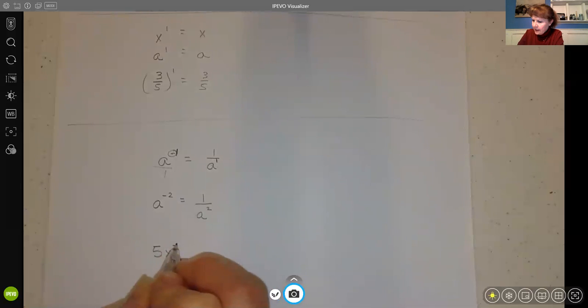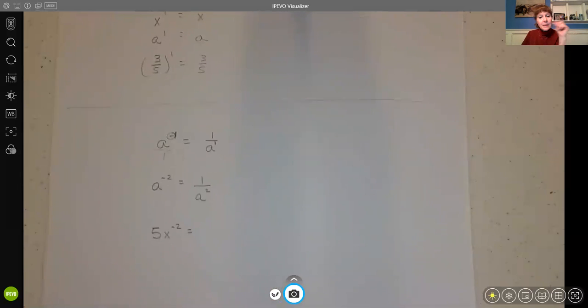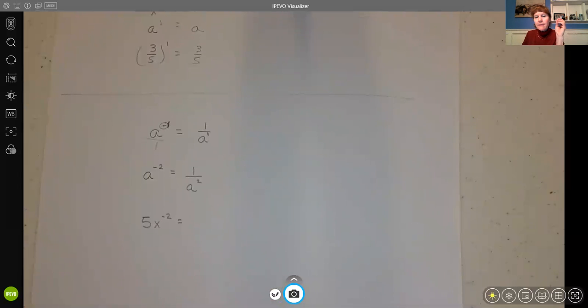5x to the negative 2. Now you have to be careful on this, because the 5 has a power of 1. It's just the x that has a power of negative 2. So there's a difference between this one and that one.